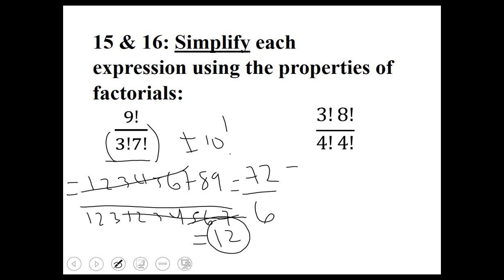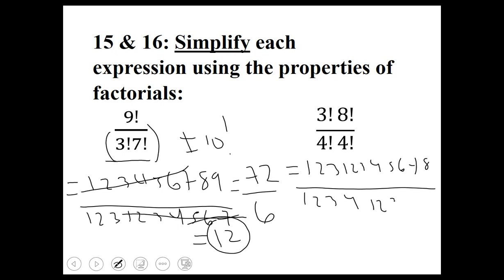So again, for the second one here, number 16, you can't just say, oh, the top is 11 factorial. That's not a thing. So instead, 1, 2, 3, 1, 2, 3, 4, 5, 6, 7, 8, compared to 1, 2, 3, 4, and 1, 2, 3, 4. You would again cancel out any of the overlap. So you're going to cancel out this 1, 2, 3 with this 1, 2, 3.